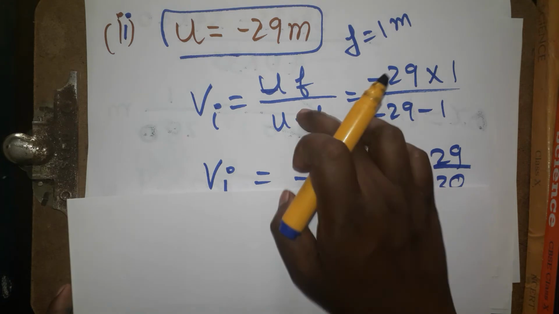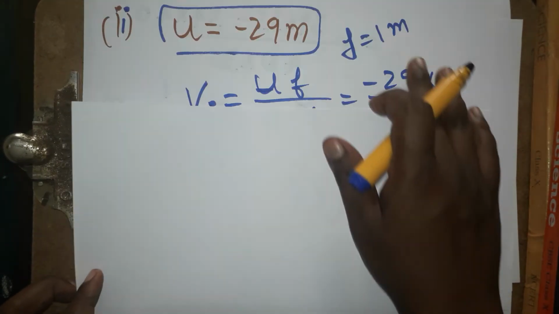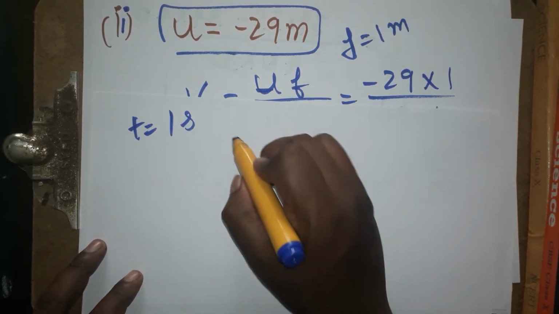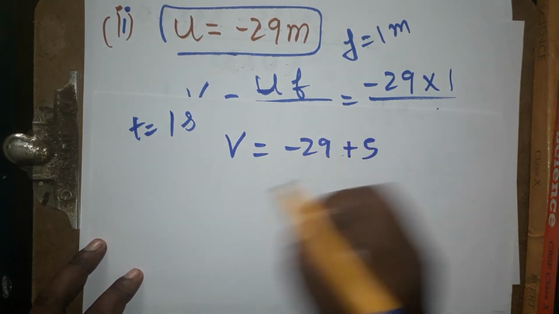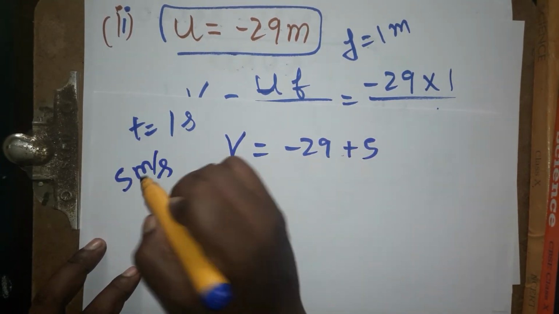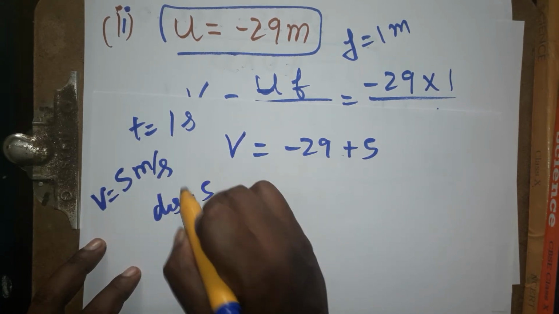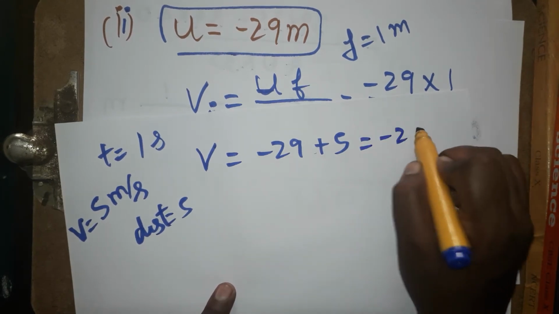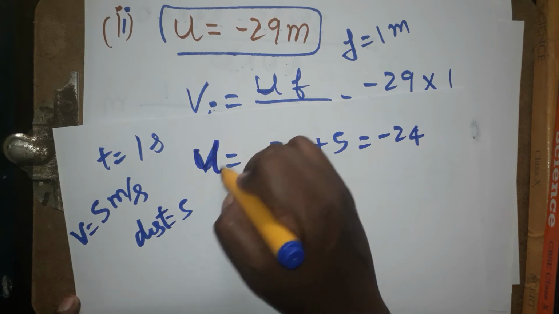This formula I already told you how to find. Now after 1 second, the object position is minus 29 plus 5, because the velocity is 5 meter per second and the displacement after 1 second is 5 meter. So 29 plus 5 gives us minus 24. It is the object position after 1 second.